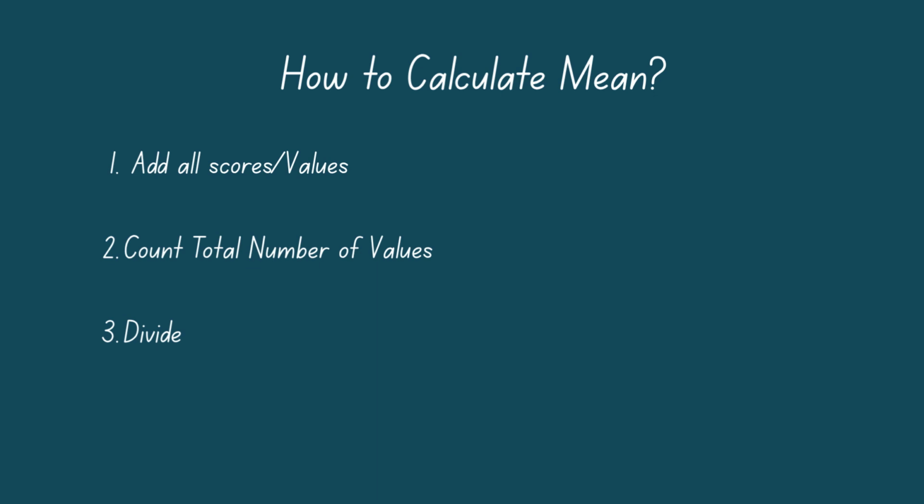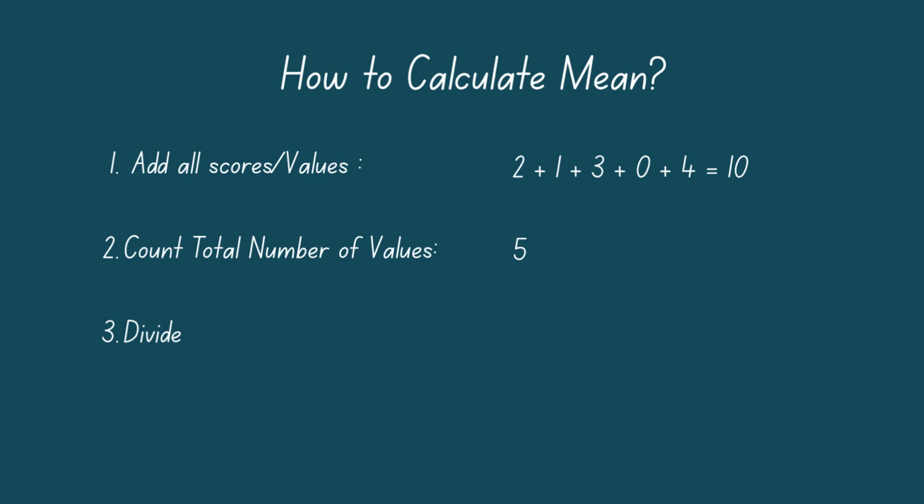Let's do that with the scores now. So, add all scores and values, which means we'll add the number of goals he had scored in each match. This means 2 plus 1 plus 3 plus 0 plus 4. And that is 10. Now we count the total number of values. He has played 5 matches, so we have 5 values, right?